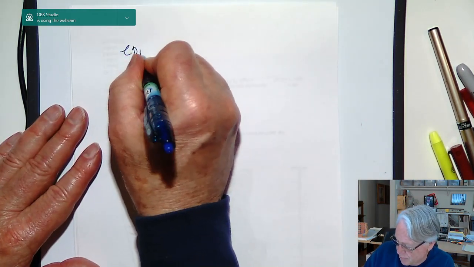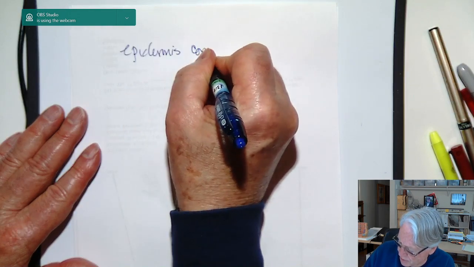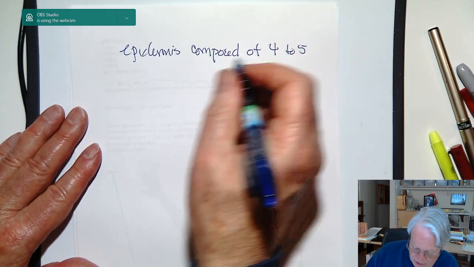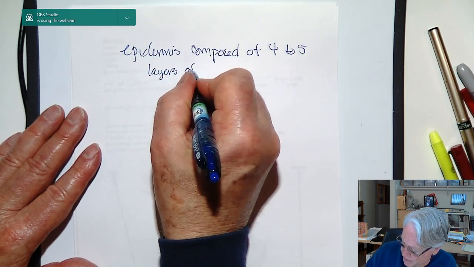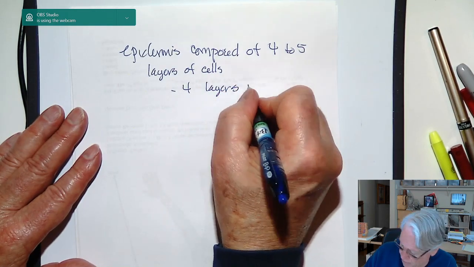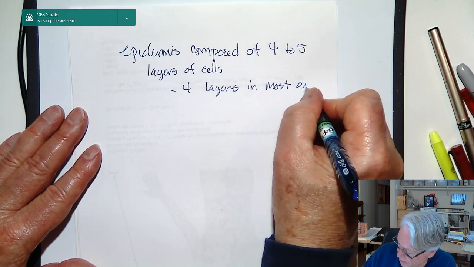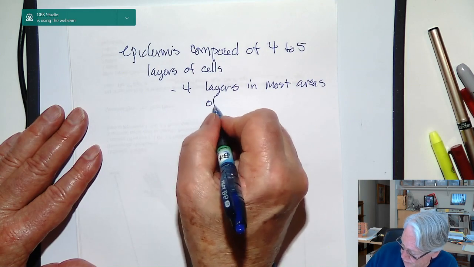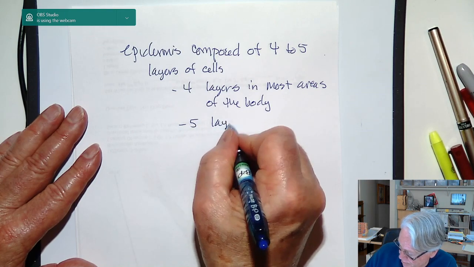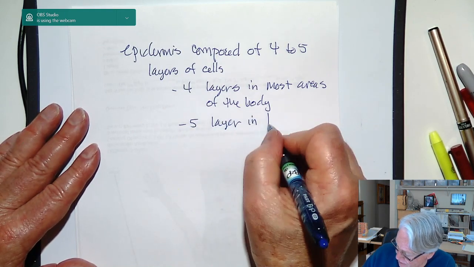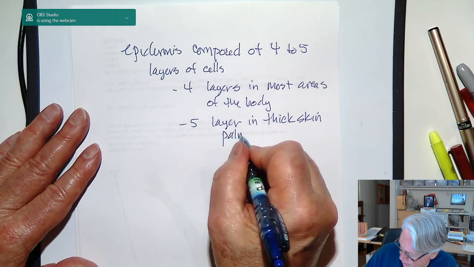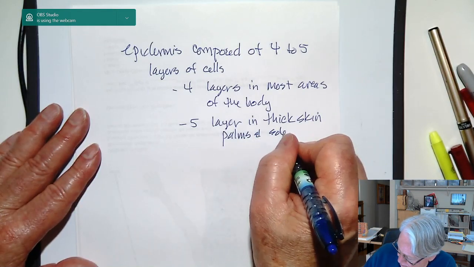The epidermis is composed of 4 to 5 layers of cells. 4 layers in most of the body, but 5 layers in thick skin, such as the palms and the soles.